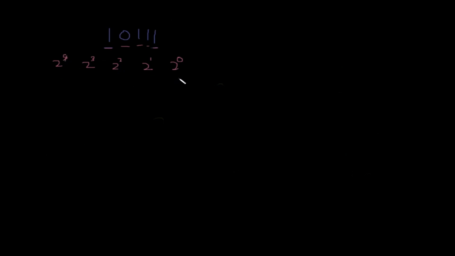It's 1, 1, 1, 0, 1. So let's write the powers of 2 as 1, 2, 4, 8, 16, sorry. When we add it, we will get 23. So this 10111 represents 23.